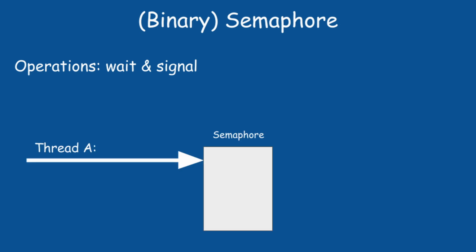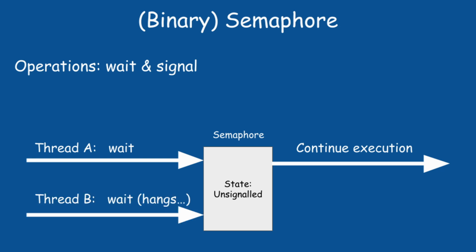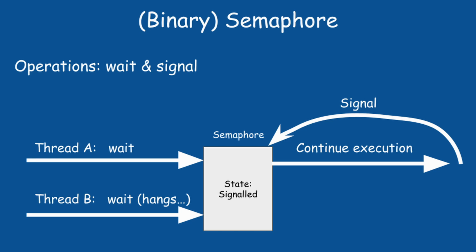A process or a thread that needs to wait for a particular event or gain access to a synchronized resource calls wait on the semaphore. If the semaphore is in a signaled state, then the caller gains access and the semaphore becomes unsignaled. In other words, it is locked. A caller will hang while waiting on the semaphore until someone signals it.